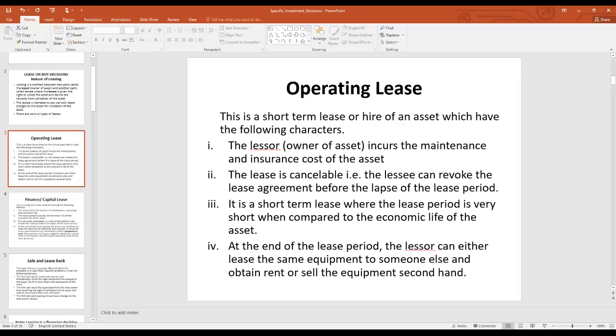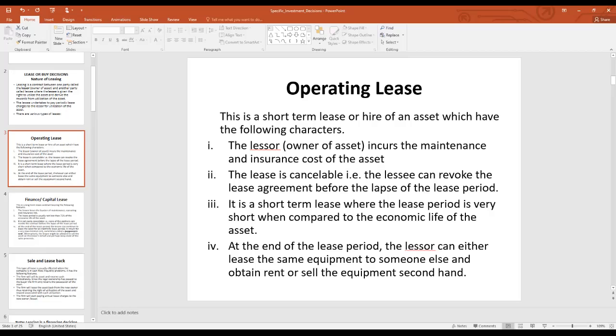For example, if the contract is going to be for less than the economic life of the asset, if you compare the period of the contract with the entire useful life of the asset, it's like 2 years out of the 10. If the lease period is only 2 years out of the 10, then this is going to be an operating lease, because the bulk part of the asset's useful life still remains, 8 years.